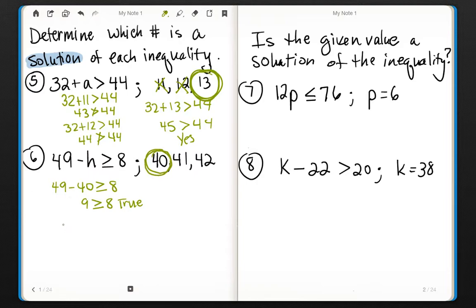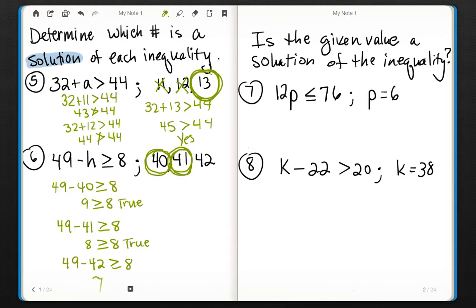All right, let's try 41. 49 minus 41 is greater than or equal to 8. So we get 8 is greater than or equal to 8. That's true. It's in the equal to category. So 41 is also a solution. Let's check 42. 49 minus 42 is greater than or equal to 8.